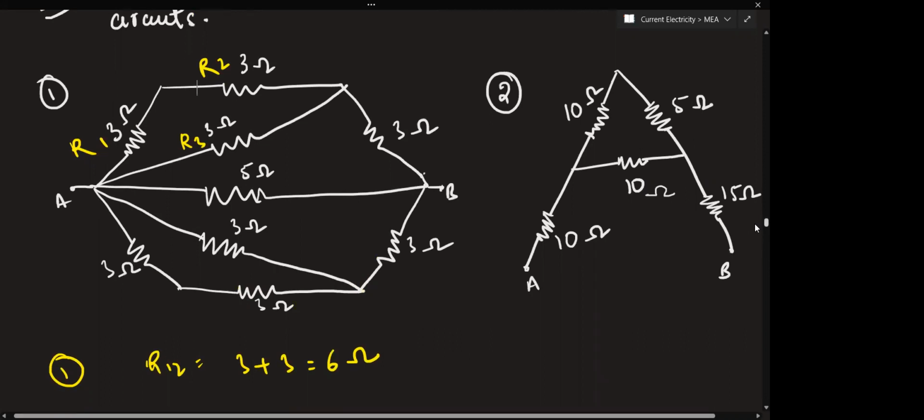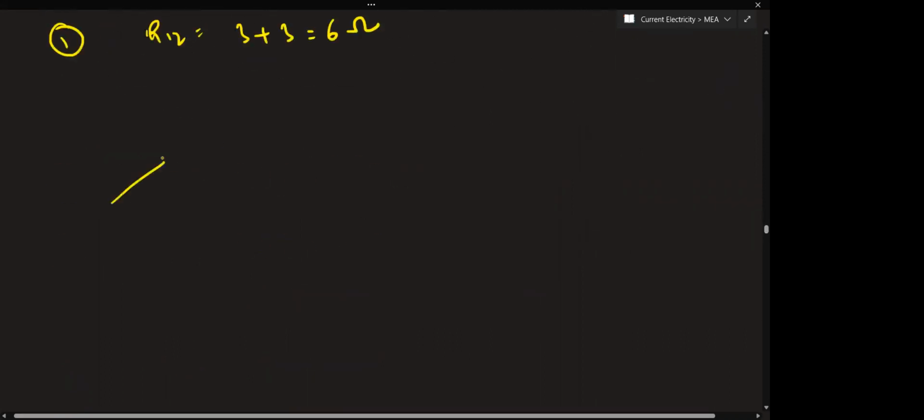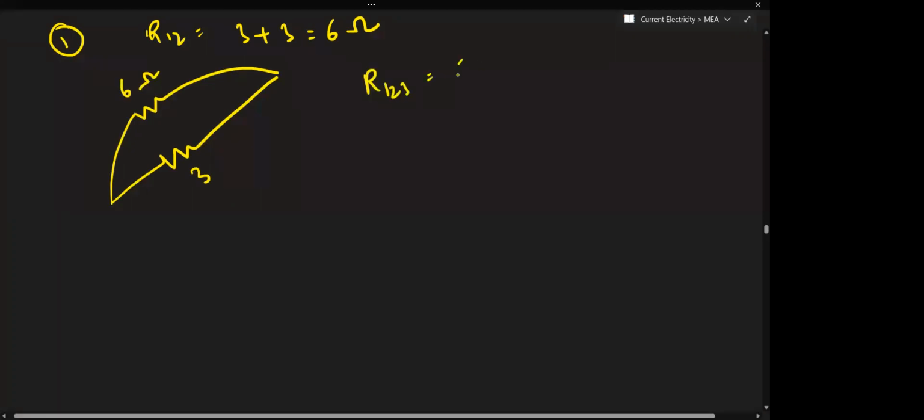If I talk about the upper half, this was R3. Now we have 6 ohm connected. So R123 will be what? 6 into 3 divided by 6 plus 3. That will be 18 by 9.